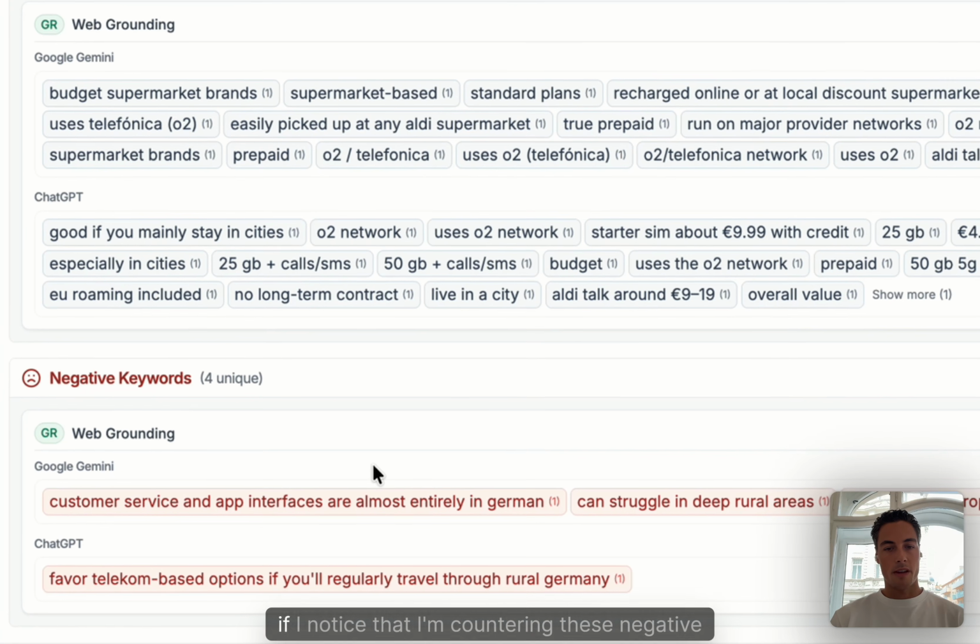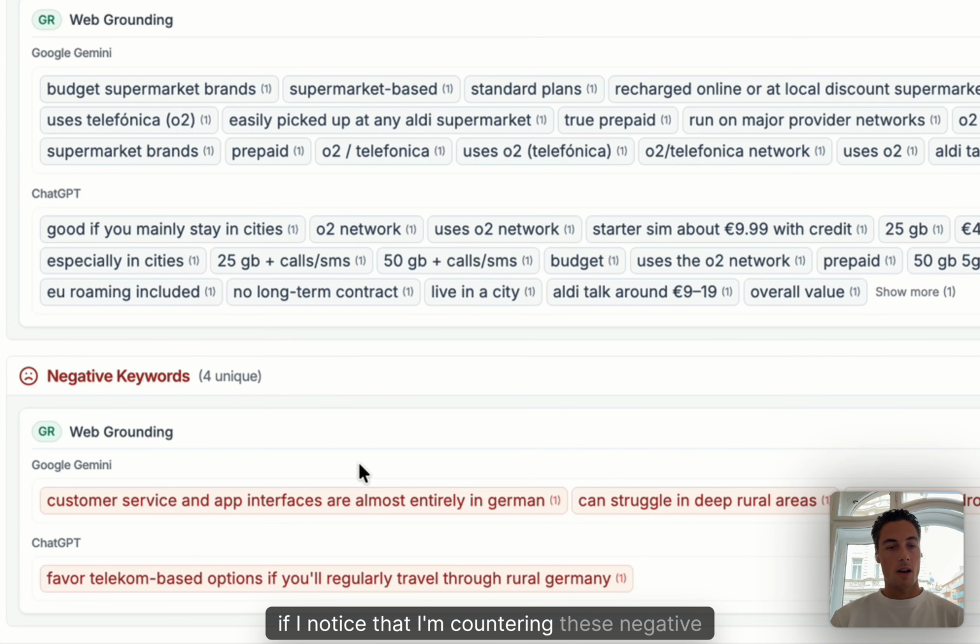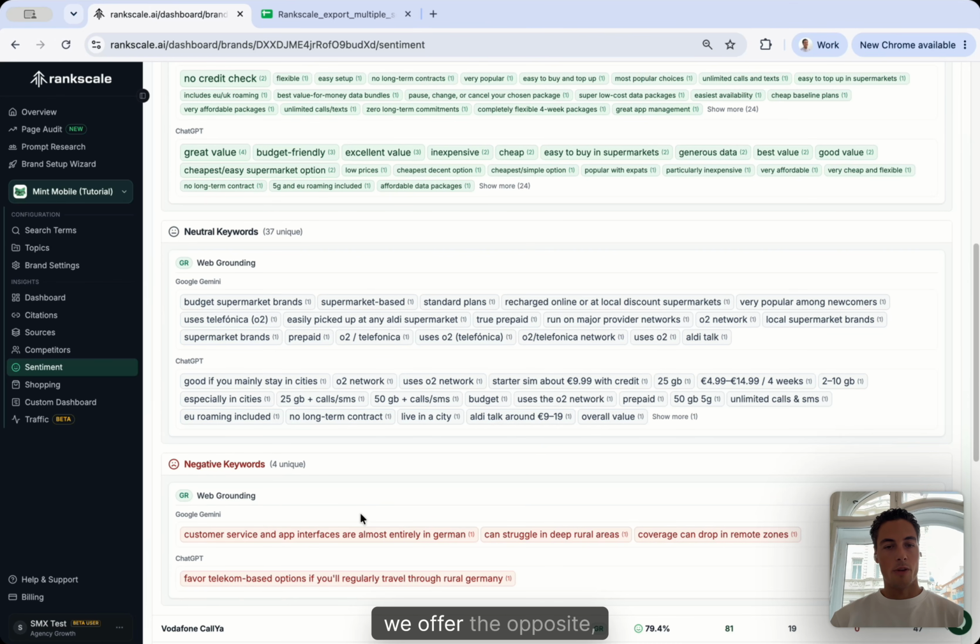And for example, if I notice that I'm countering these negative keywords with my offering because we offer the opposite, then I could mention this as well on my website, because what happens in AI search engines is they look at the market, see what is being said negatively about a product, and then actively look for solutions for products that mitigate these negatives.